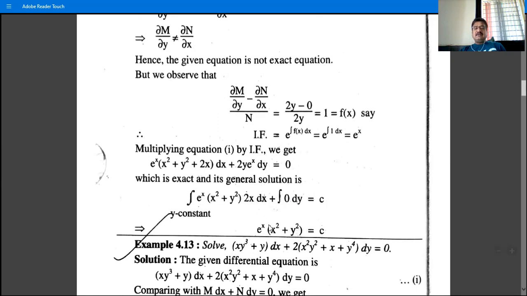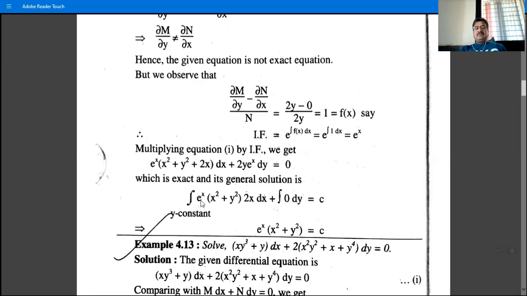And then for the integration, suppose e raised to x as it is, and x square plus y square plus 2x dx. Okay, so don't use u into v, we have to find the integration.